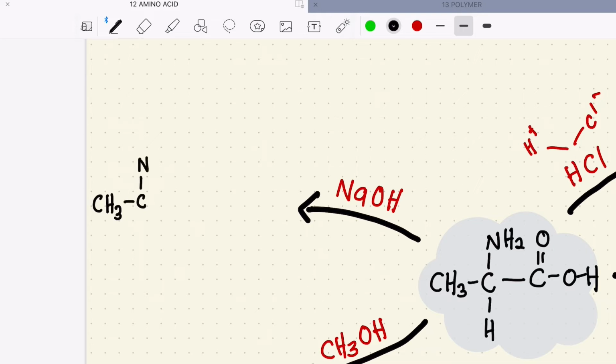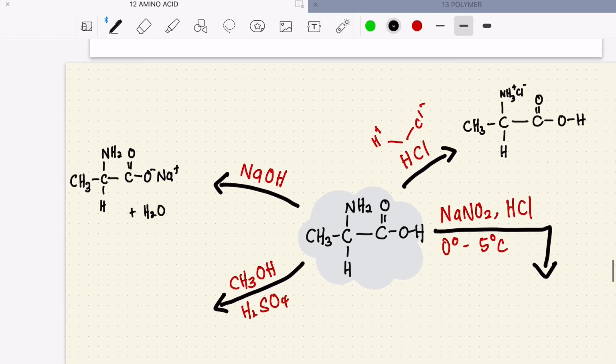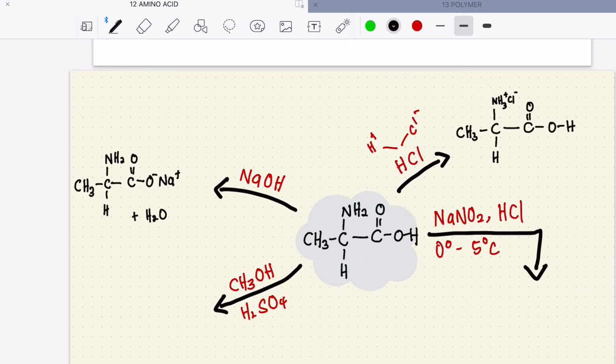So we have NH2 here, H, C double bond O, O minus, Na plus. So Na will remove the H. This H will be removed, and it will combine with this OH to produce water. So there you go, this one.